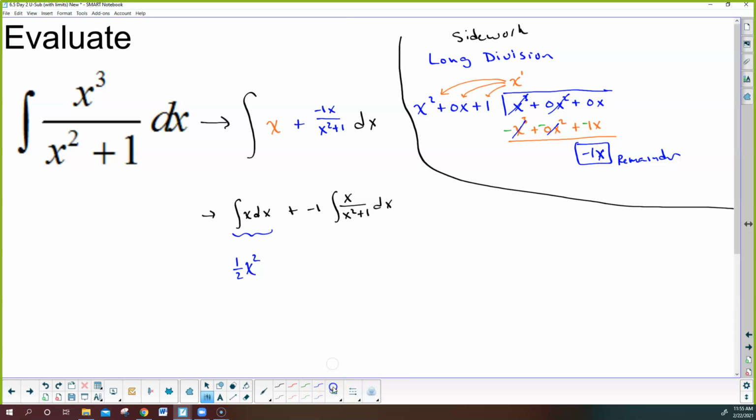And then for the next piece, now we have to do the u substitution. I want that bottom of the denominator, x squared plus 1. I want that to be my u. Okay? And then we can take the derivative. But you'll notice I don't have the 2 present in the original integral. So I'm going to move the 2 over.